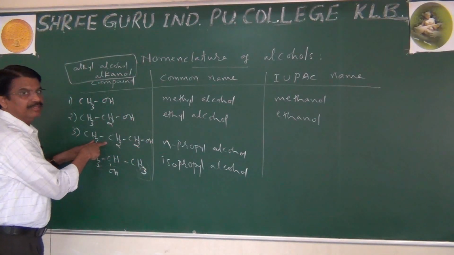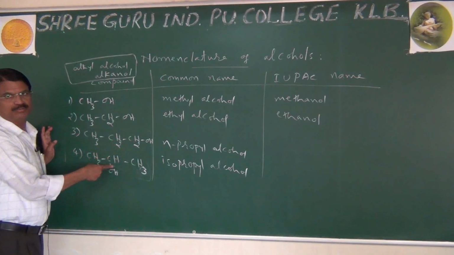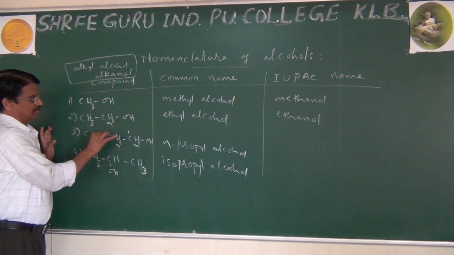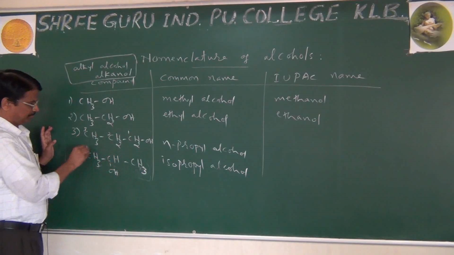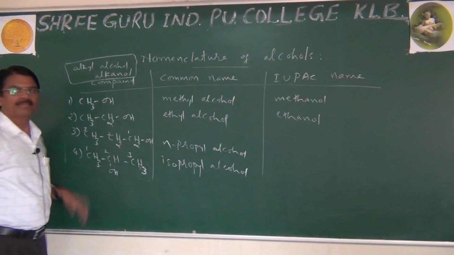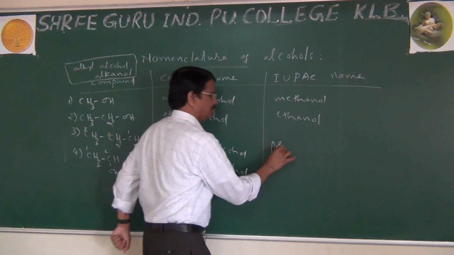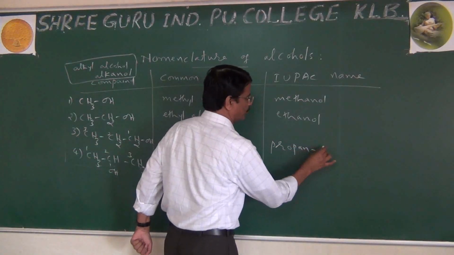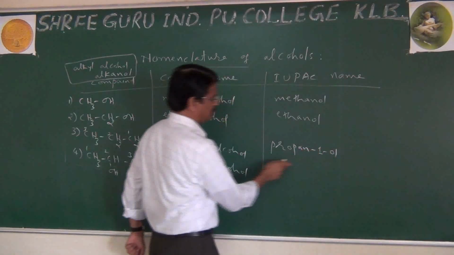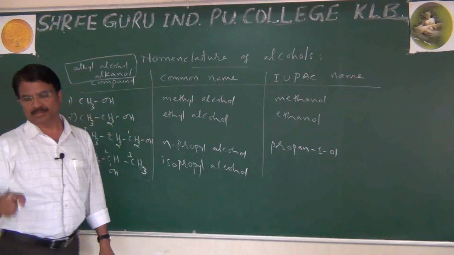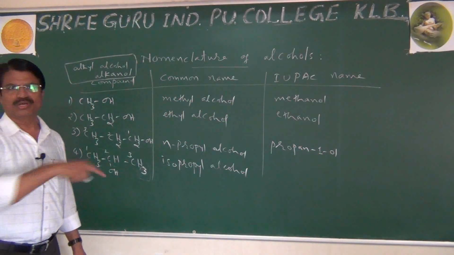Now, here, as I told, these two exhibit isomerism, hence right numbering. So this compound name, propane 1-ol, or 1-propanol.